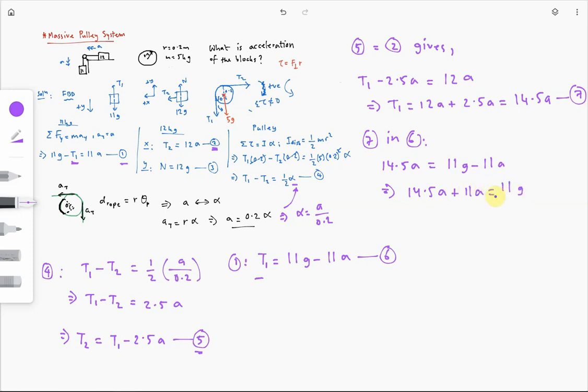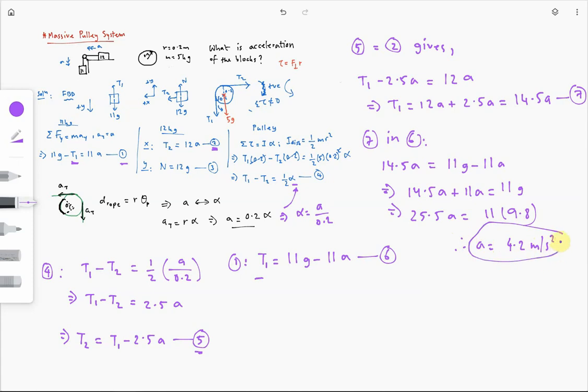To get a, let's add the two quantities right here. 14.5 plus 11 gives me 25.5a equal to 11 times 9.8. Then a is just found by dividing both sides by 25.5, and we get an acceleration of 4.2 meters per second squared.